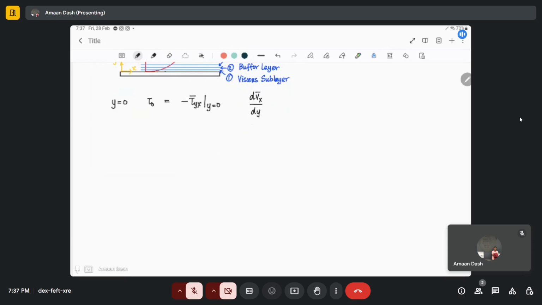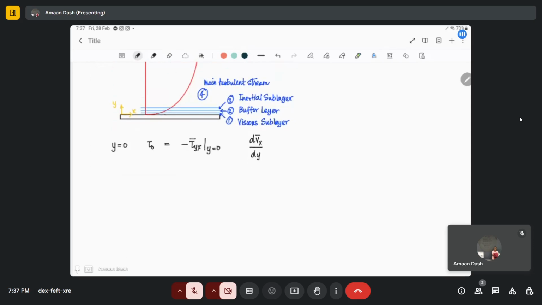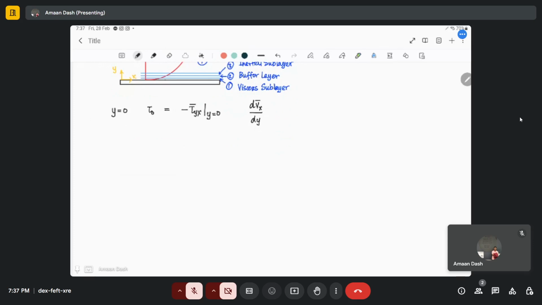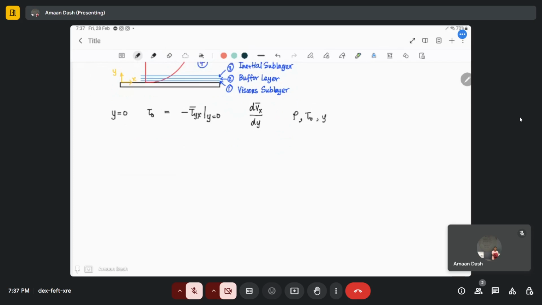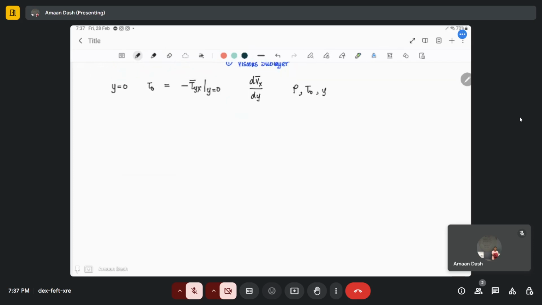Viscosity is primarily dominant near the viscous sublayer, and here it should mostly depend on the velocity fluctuations or eddy motions. But it can depend upon properties like the density of the fluid, it can depend upon tau naught, and also how far from the surface we are calculating this velocity gradient. That also it will depend on. Correct.